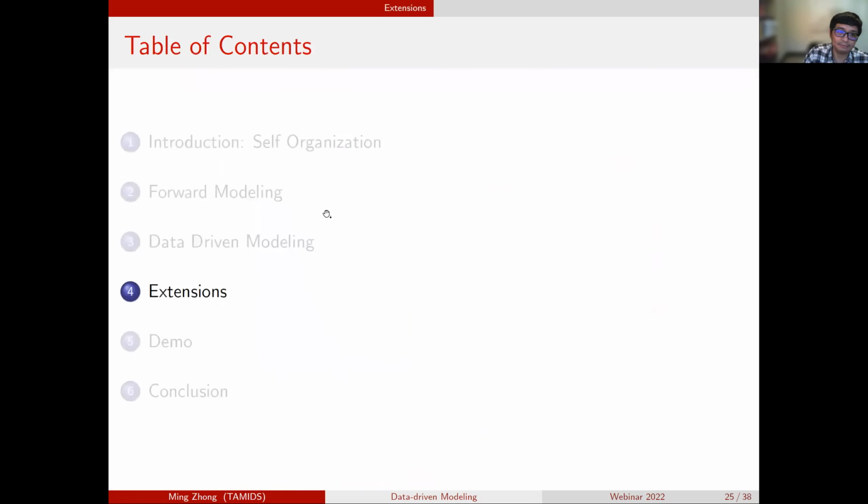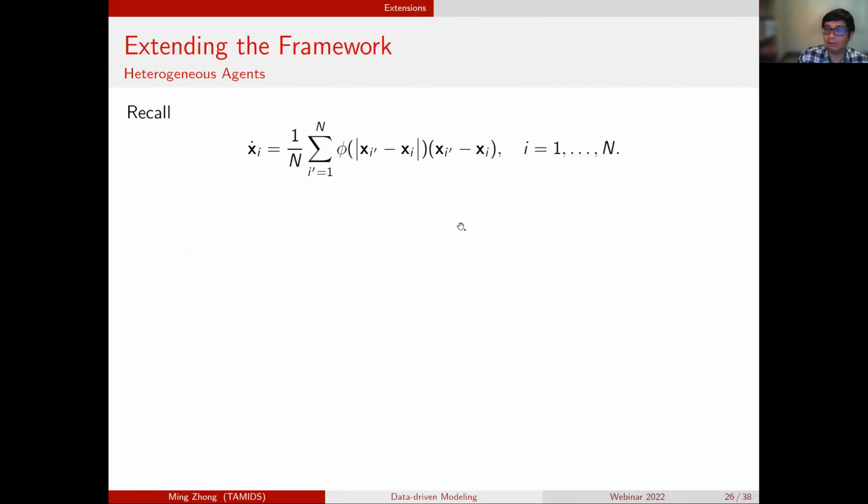Okay, so now we have discussed in detail how to build up the learning framework to learn a first-order model. Now we're ready to extend that to more complicated cases. Let's recall the first-order model that we used to build up our learning algorithm.